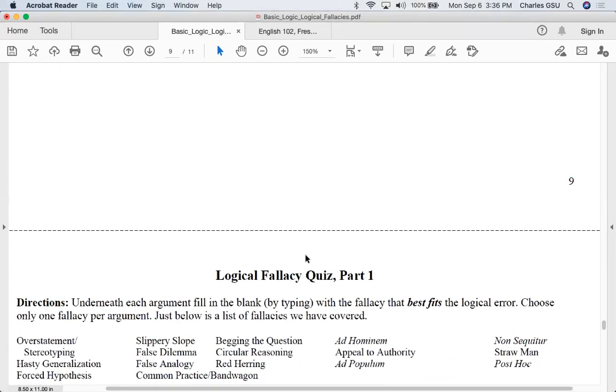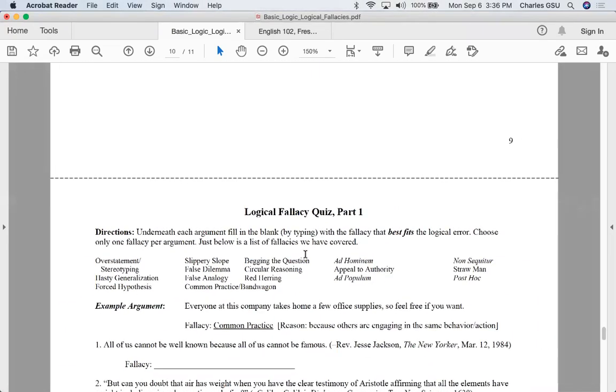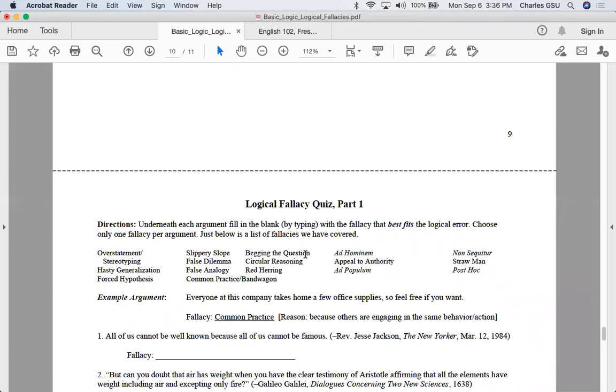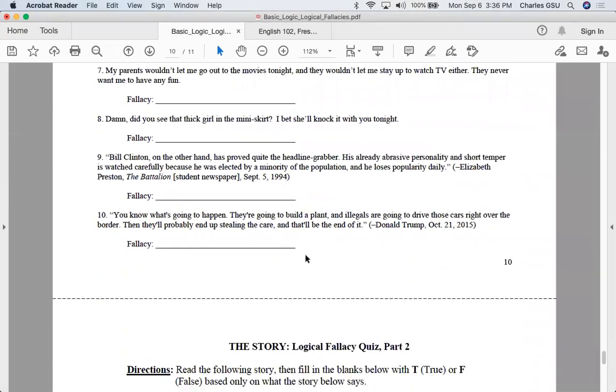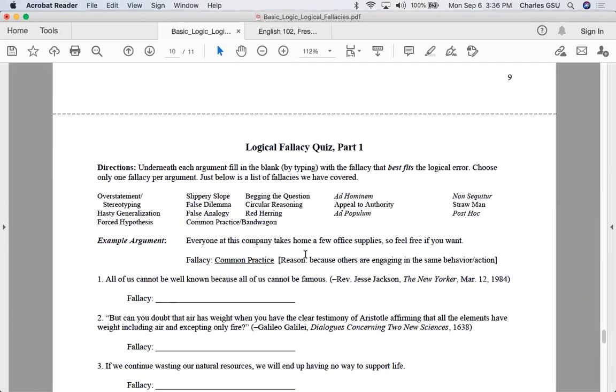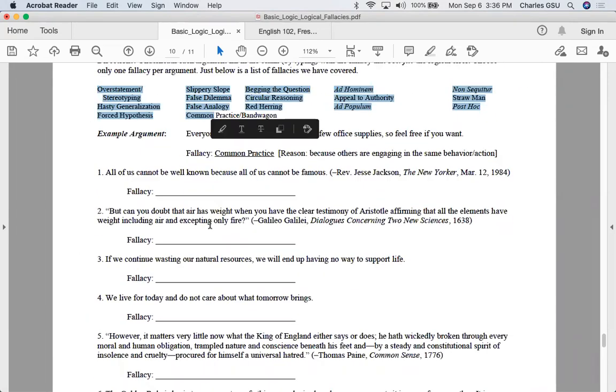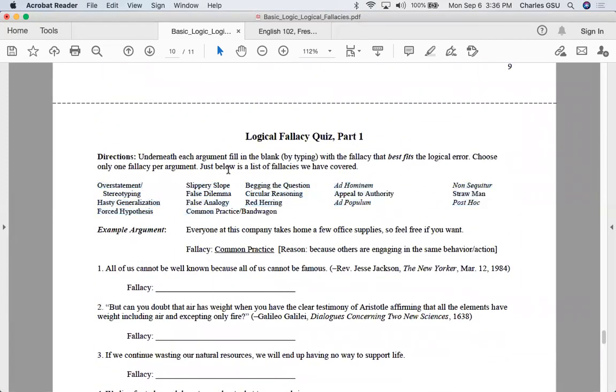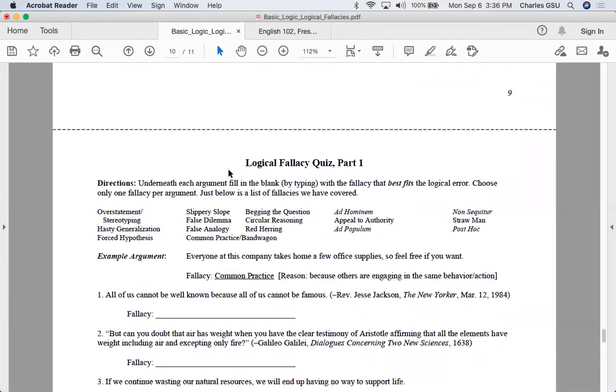Okay, that is the end of the basic logic and logical fallacies handout. And these last 2 pages, as I mentioned, are the quiz itself. So you can, of course, take the quiz multiple times before this coming Monday, but you might want to just try to work them out here on this page 10 before you actually take the quiz.